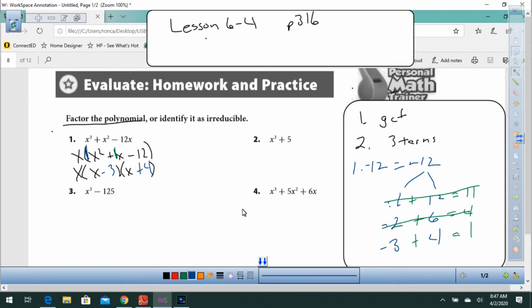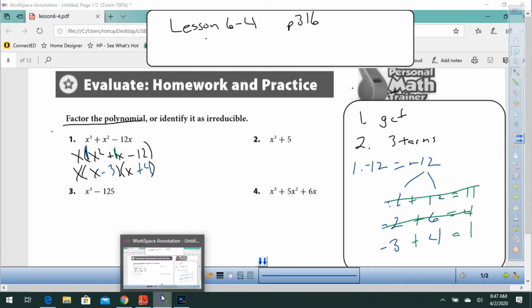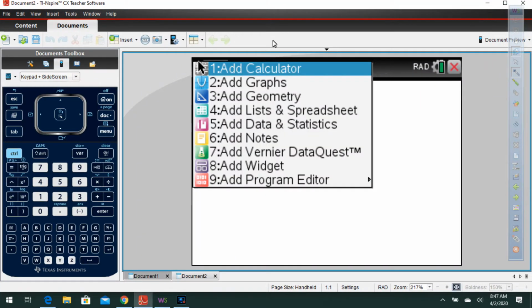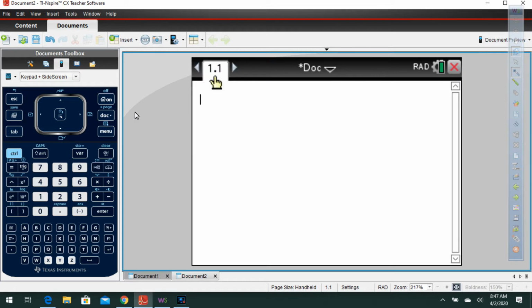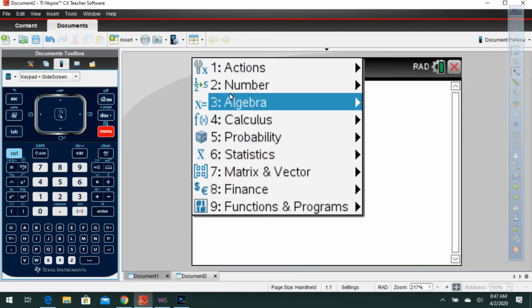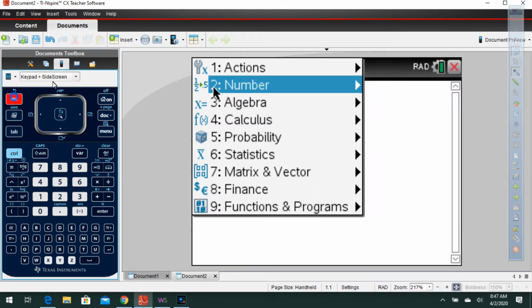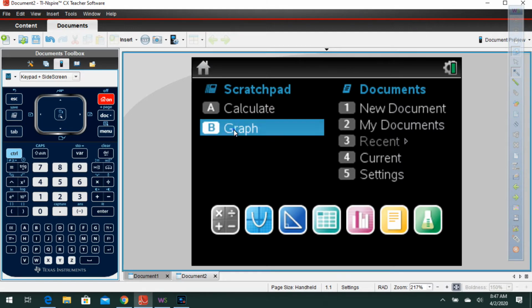Now I was wondering how we might be able to use our calculator to find the real ones. I'm going to do it in Inspire. Menu, we want a graph.